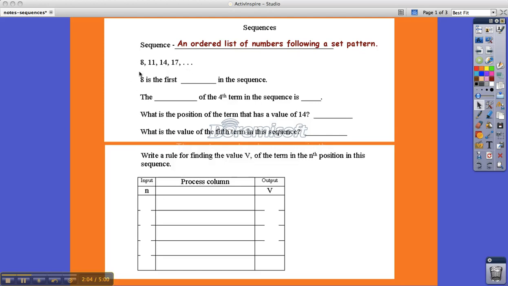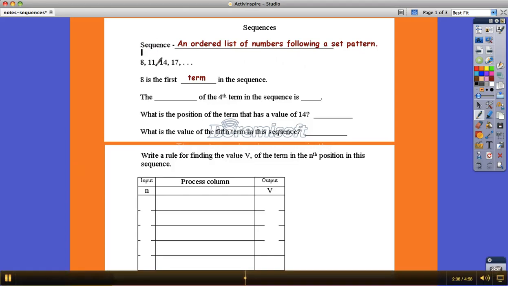So if we look at the list, what is the first number? 8 is the first term in the sequence. So we're going to think about this word term. Term is the position number that the number is in. So it is in the first position number. So I can even go over here and plug in, this is the first position number.